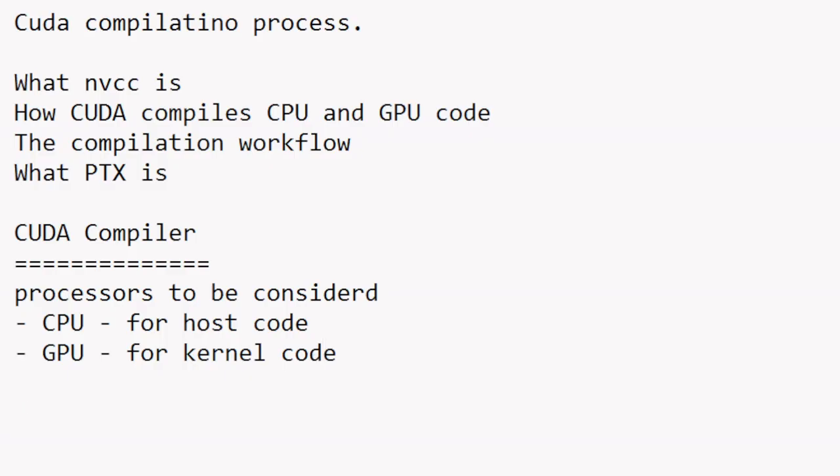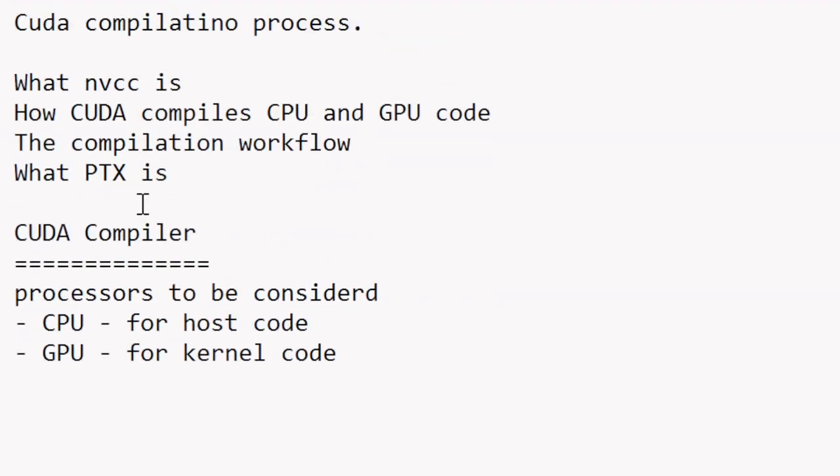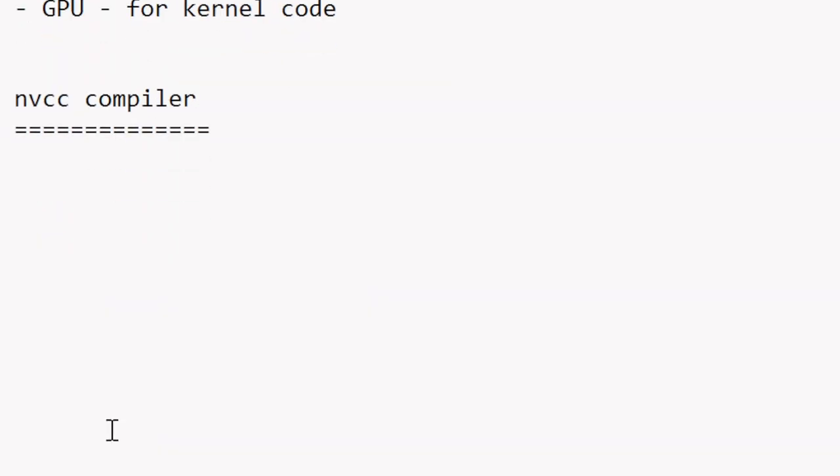Because we have two different targets, we need a special compiler, and the name of that compiler is NVCC. The CUDA compiler is called NVCC, which stands for NVIDIA CUDA Compiler.